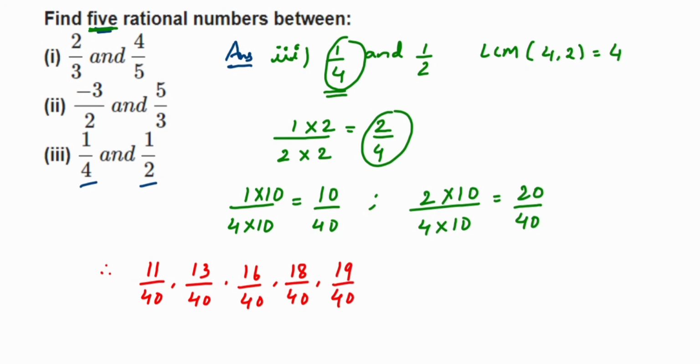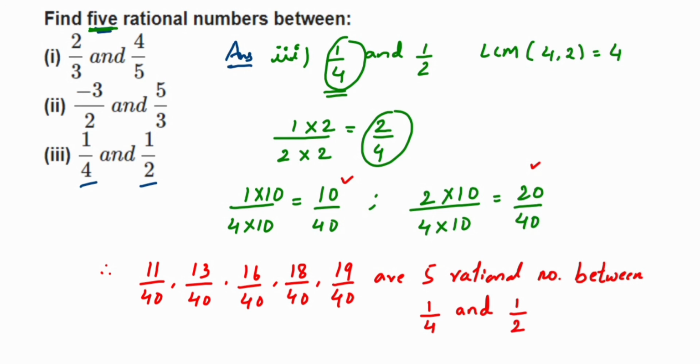Just take any numbers lying between 10 to 20, but make sure that you're not including both the end numbers. So they are 5 rational numbers between 1 upon 4 and 1 upon 2. That's it.